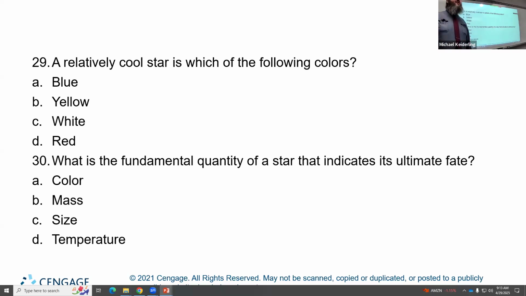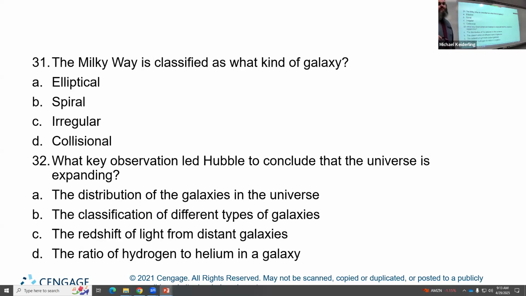And because of the nature of the way that thermal radiation works, it turns out there is a color for infinite temperature. It's sort of a nice light sky blue. The fundamental quantity of a star that indicates its ultimate fate is its mass. Mass is the primary determining factor for stars.